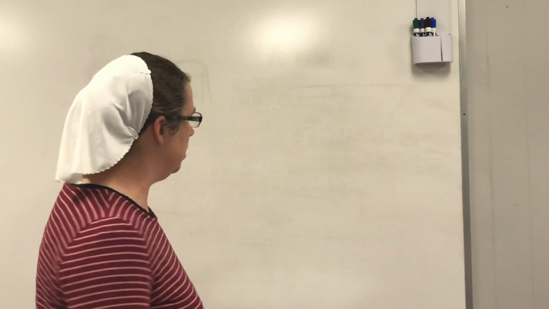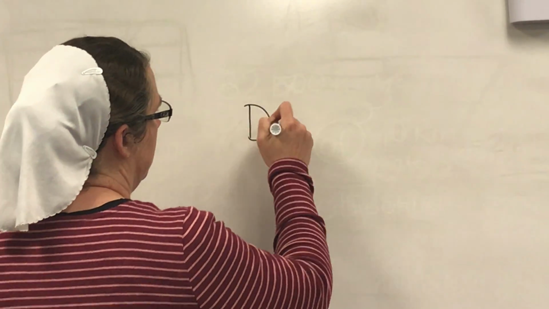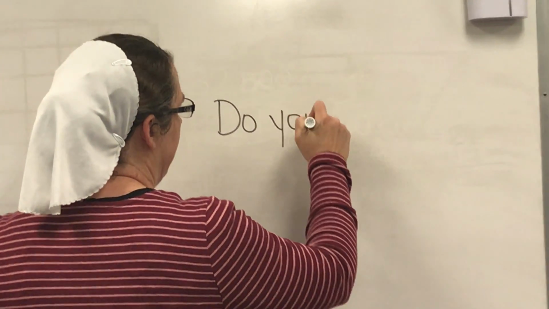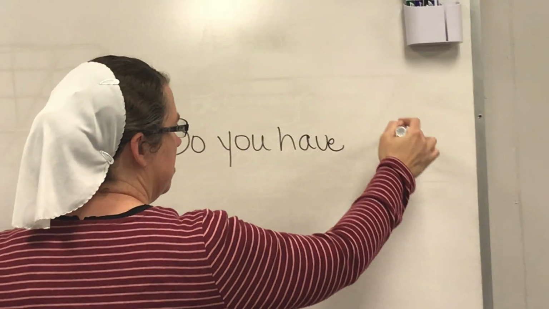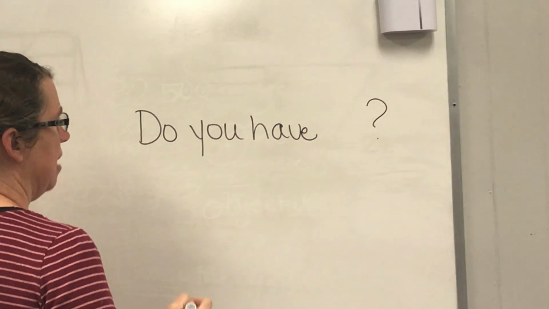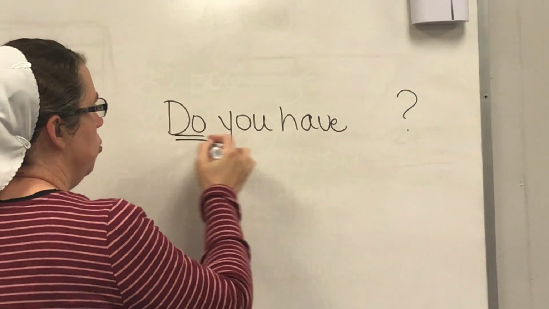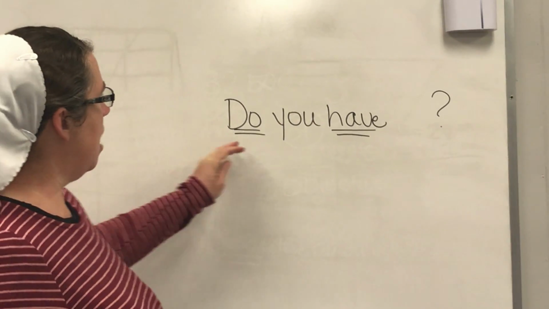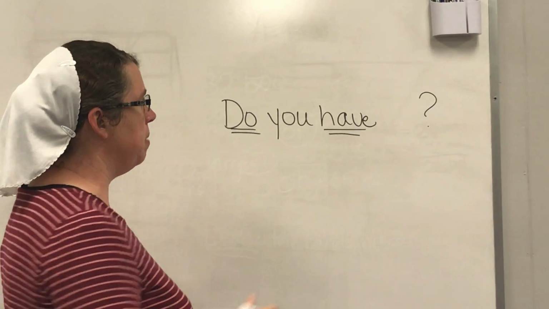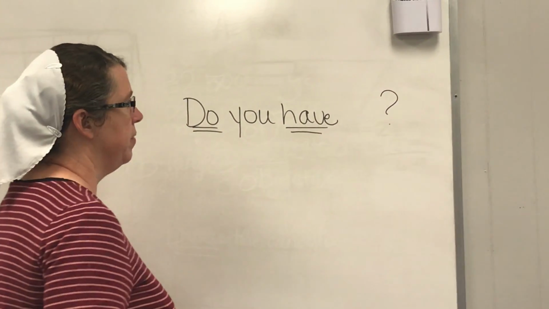On number 2, it says, do you have? Okay, you have the rest of the sentence, but it ends in a question. It's asking a question. That is not written in the emphatic form because they're asking a question.